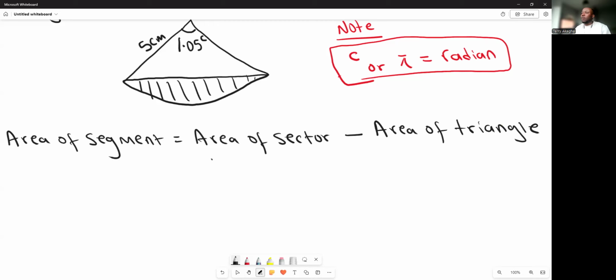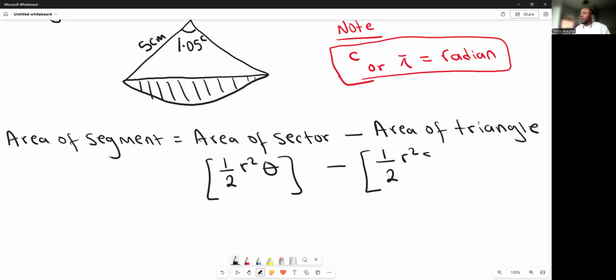I told you that the area of the sector for radians is 1/2 r squared theta, minus the area of the triangle, which is 1/2 r squared sine theta.